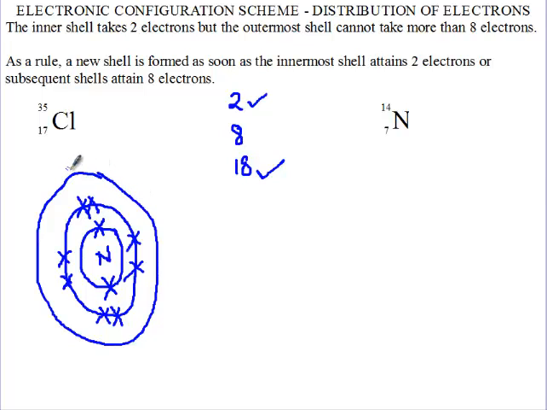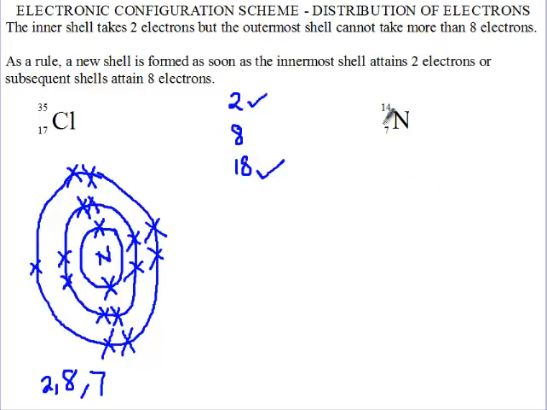And then we are going to distribute the 7 onto that. 3, 4, 5, 6, 7. And this is showing the electronic configuration of chlorine as 2, 8, and then 7.